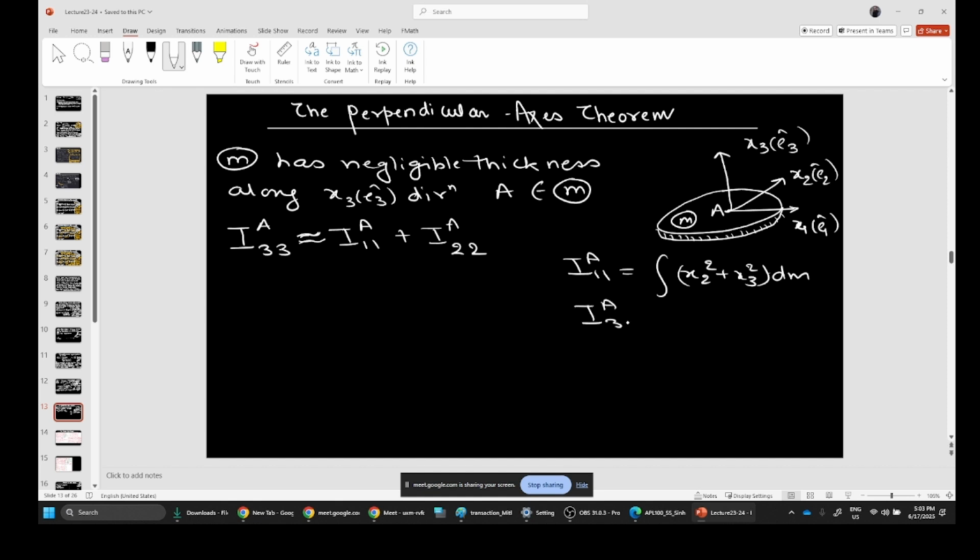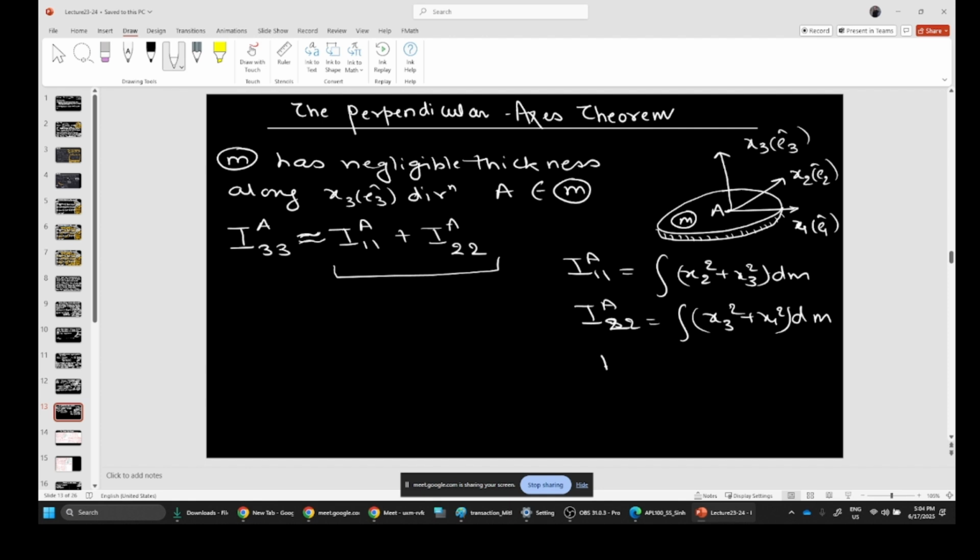And IA22 will be this integration. Two integrations you have done, and then you want to know IA33. You can just add IA11 and IA22 to get IA33 if the body has negligible thickness. That's the perpendicular axis theorem, and that is the utility of it.